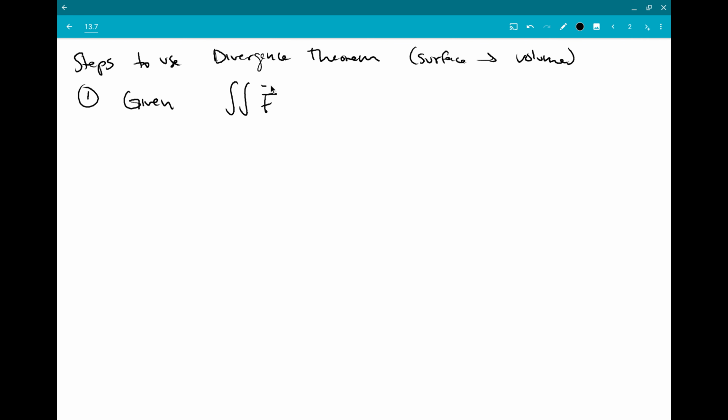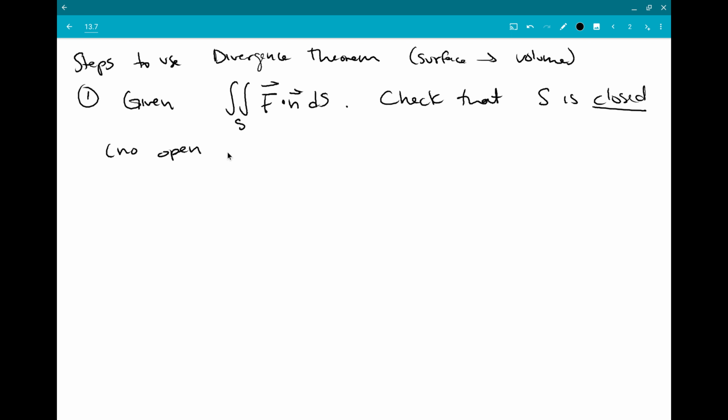So you're given some surface integral. And you just need to check that your surface is closed. So that means no open sides, no curves that define the boundary of your surface.